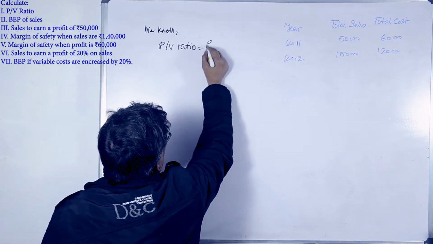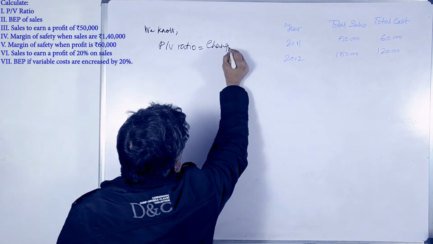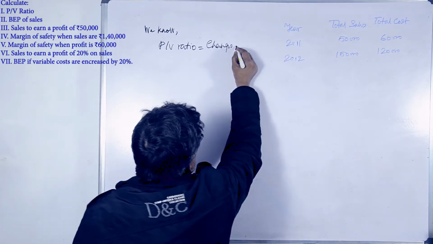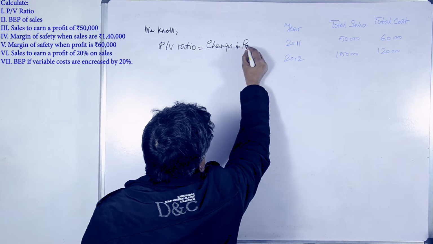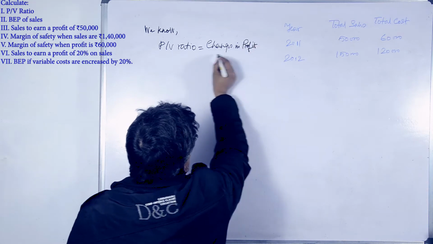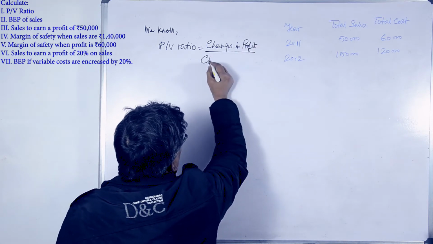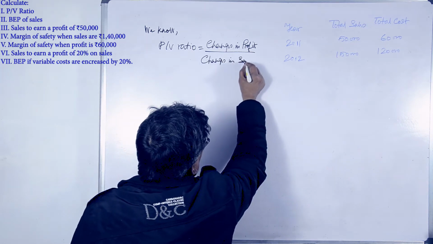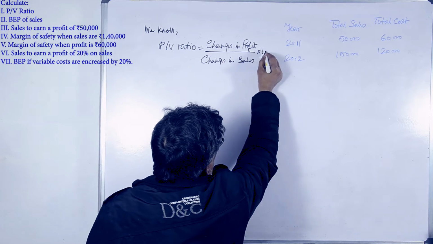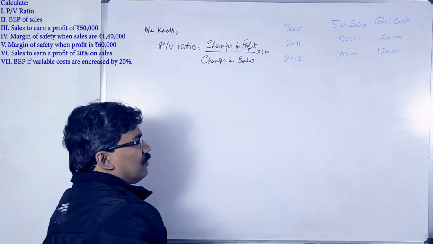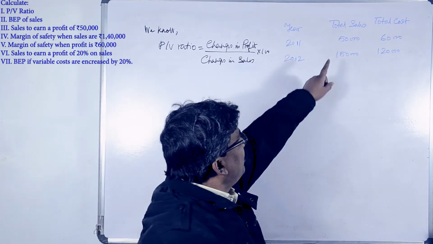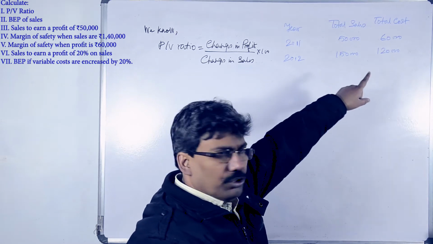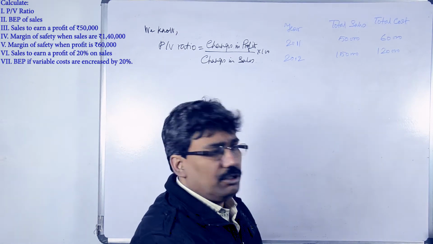PV ratio equals changes in profit divided by changes in sales into 100. Over here total sales are given, total costs are given. If we differentiate, we get profit.